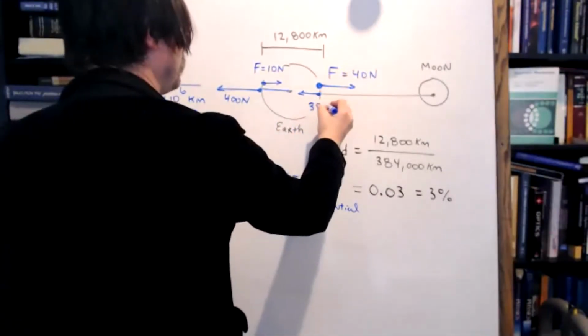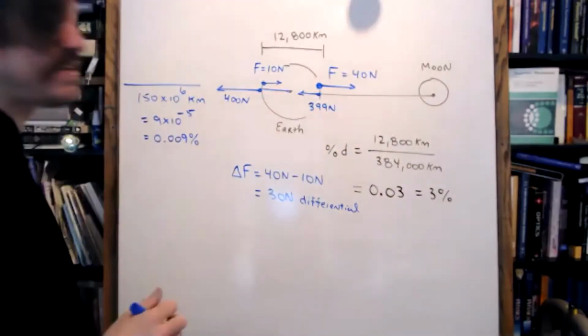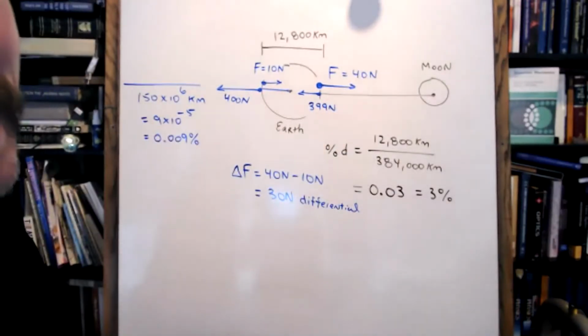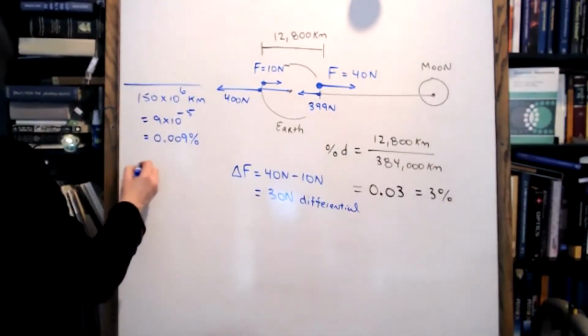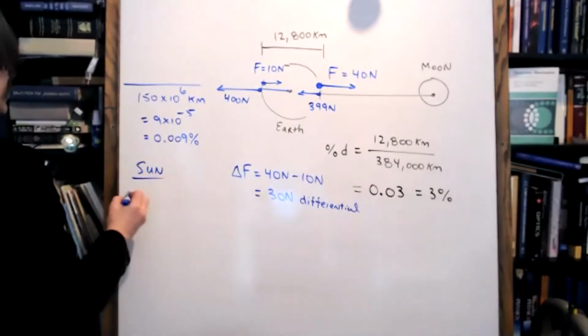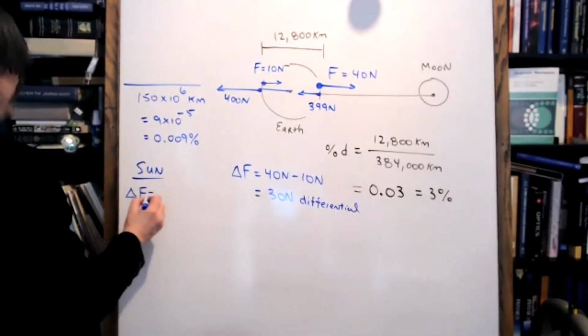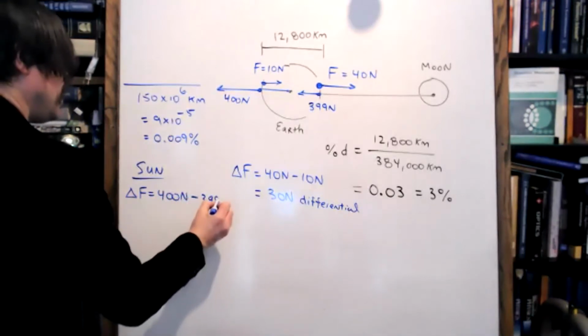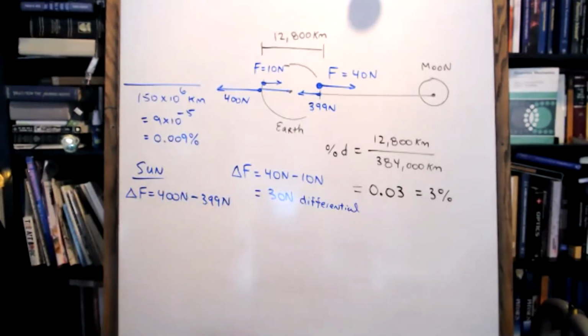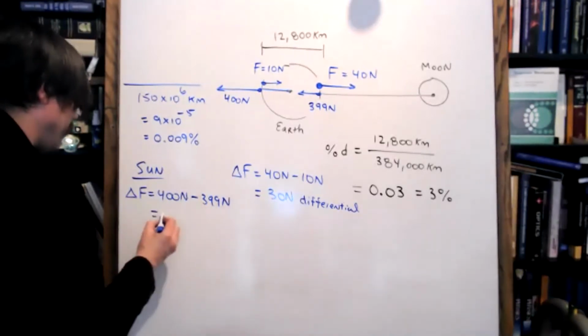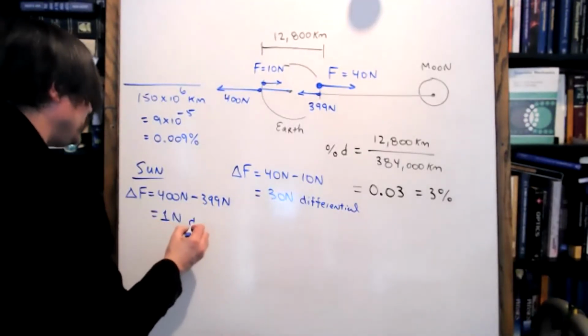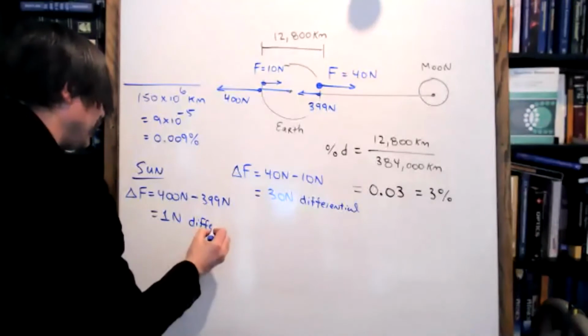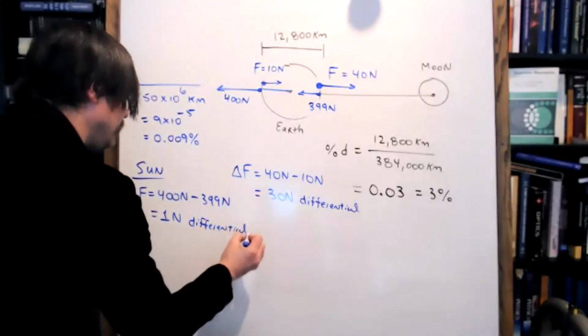And let's say that the sun will only tug on the back side of Earth 399 newtons. So for the sun, the delta force will be the difference between 400 newtons minus 399 newtons, equals only a 1 Newton differential.